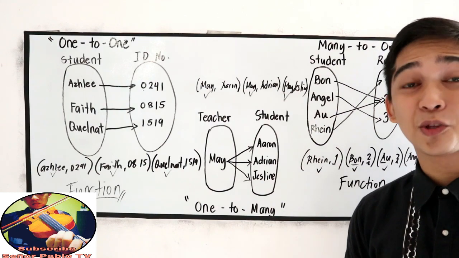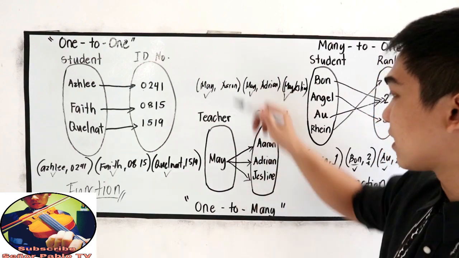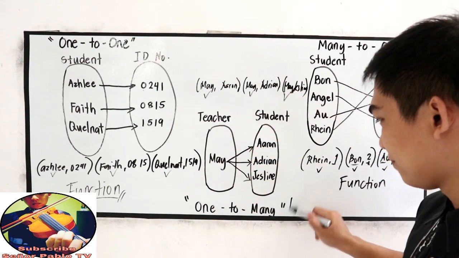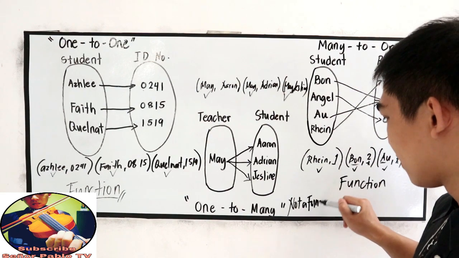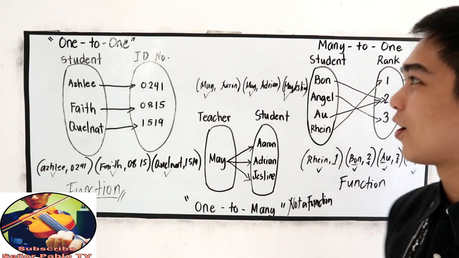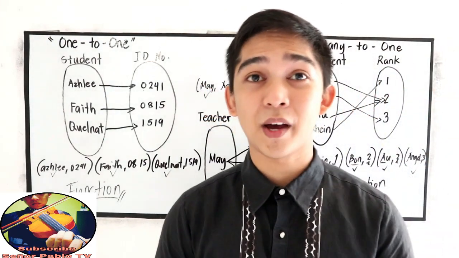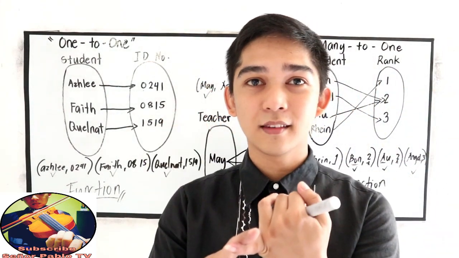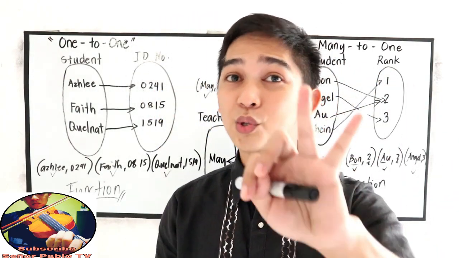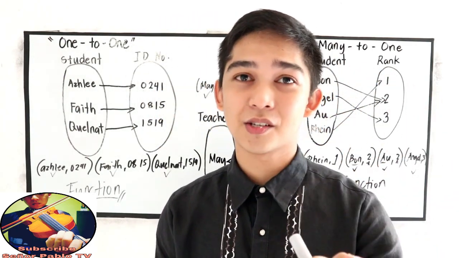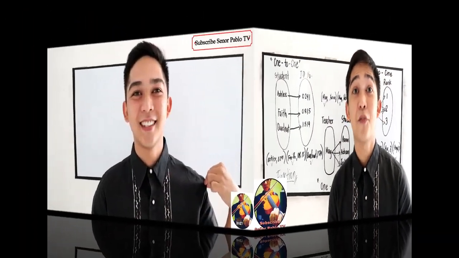That is repeated thrice. That means one-to-many correspondence is not a function. Okay? Out of 3 classification of correspondence, one-to-one, many-to-one, those 2 are functions, while one-to-many is not.